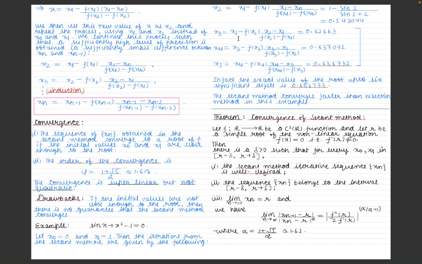So if we start with a C2R function, let f: R to R be a C2R function, which means twice continuously differentiable function.